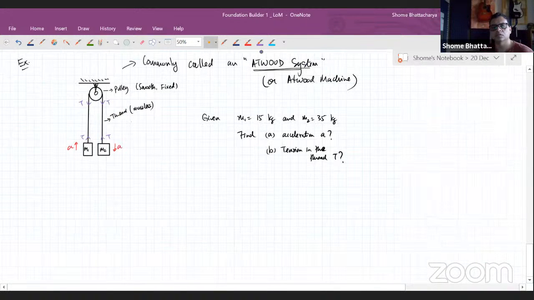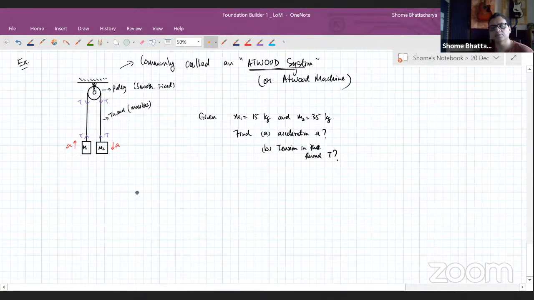we will make the free body diagrams separately for the block M1 and then for the block M2. On each of them, there is tension acting vertically upwards and weight acting vertically downwards. But they have opposite accelerations.